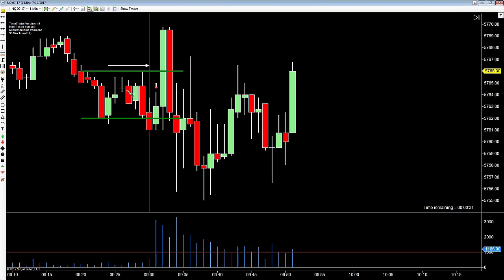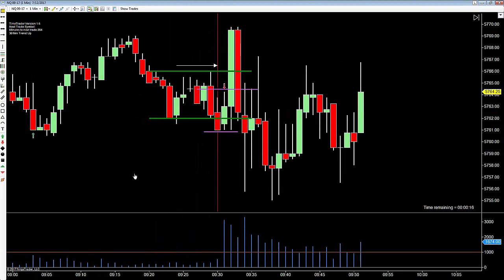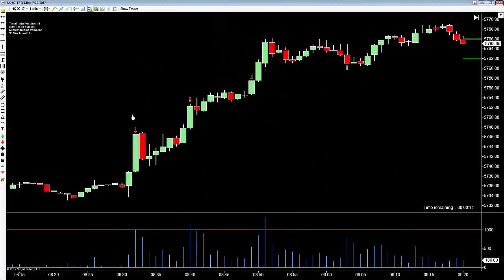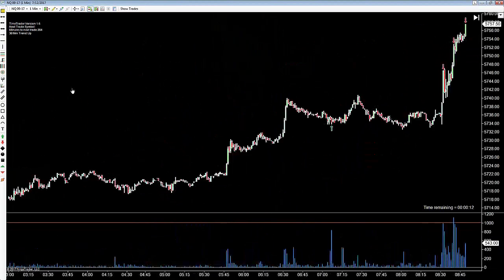I'd have a different trade set up here. I know I would have gone long. It would have gotten me in long, let's put it that way. But it wouldn't have been a volume spike.